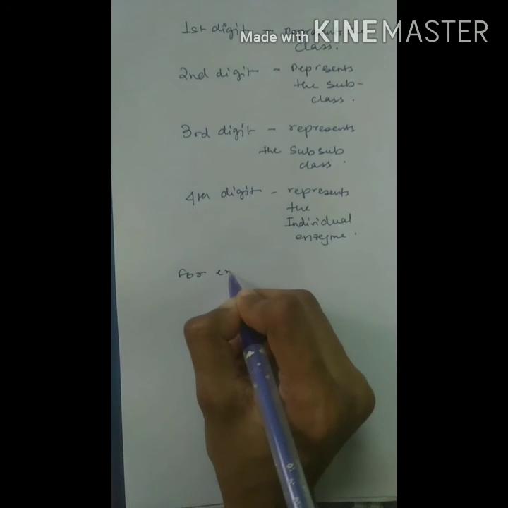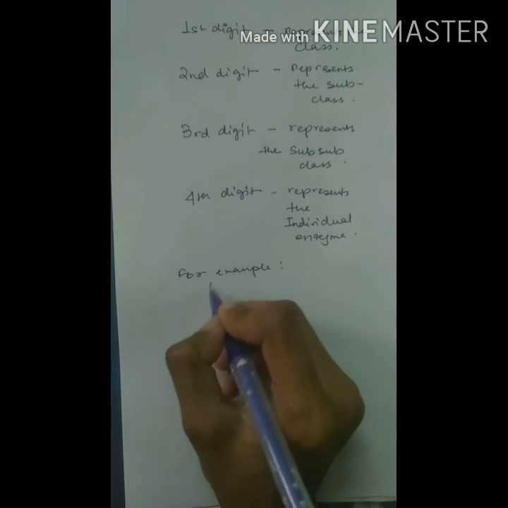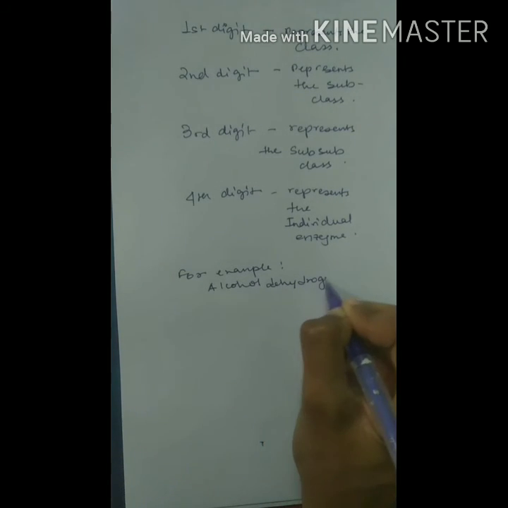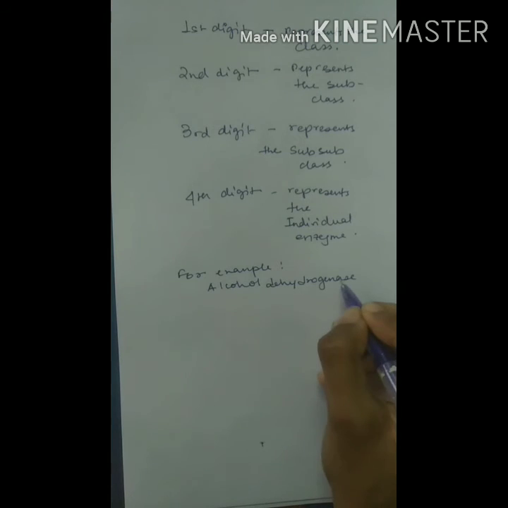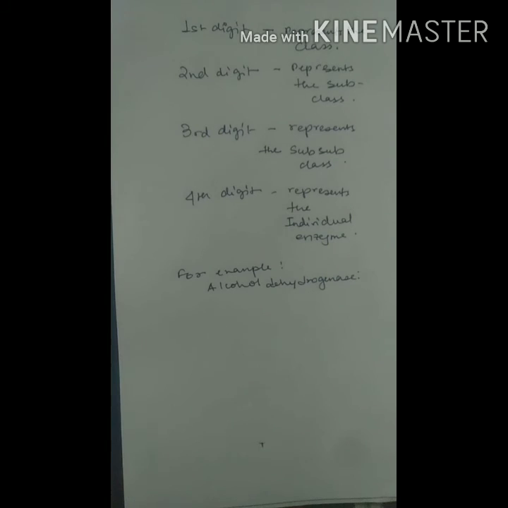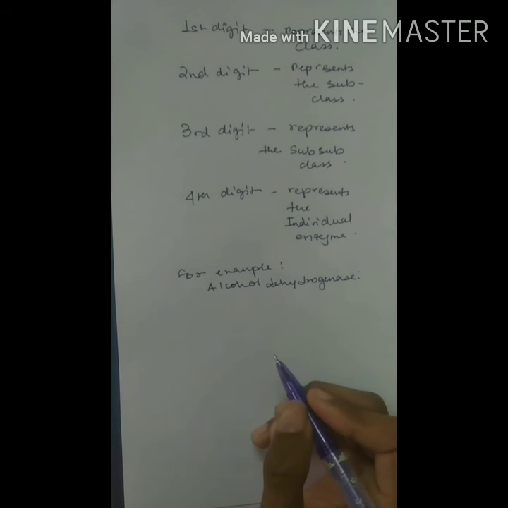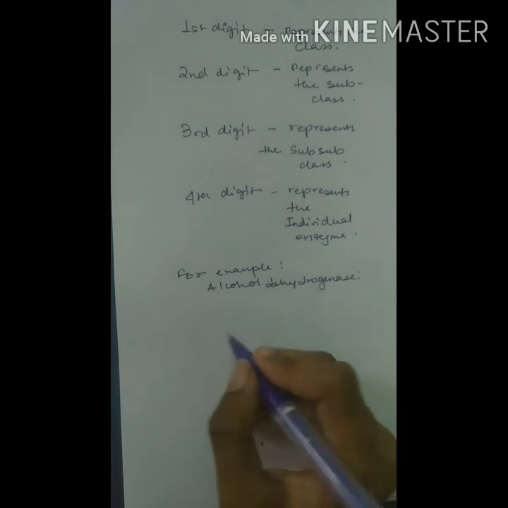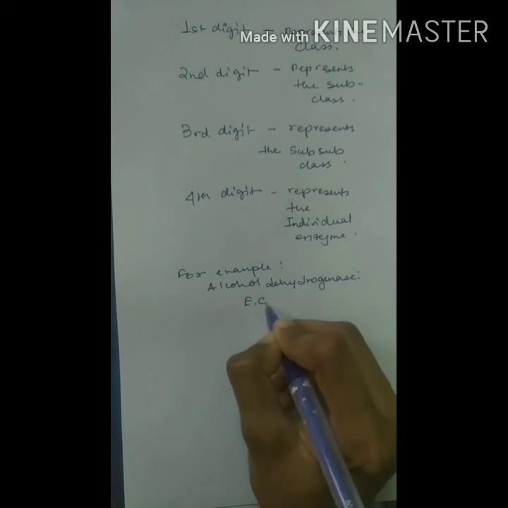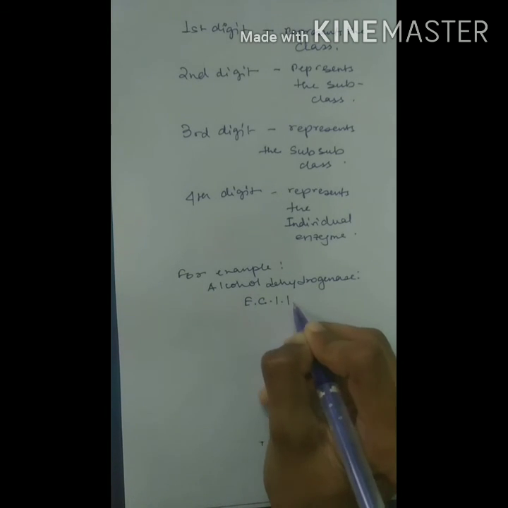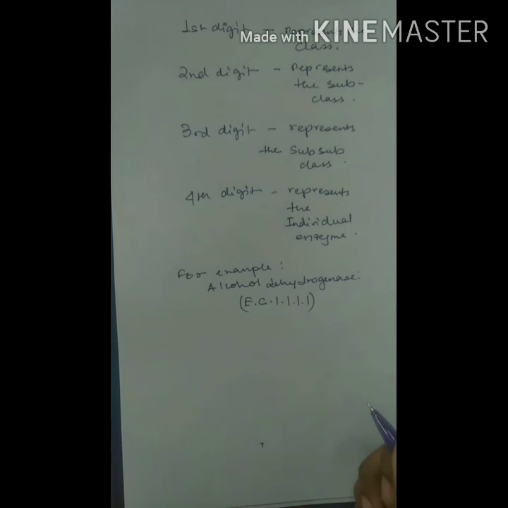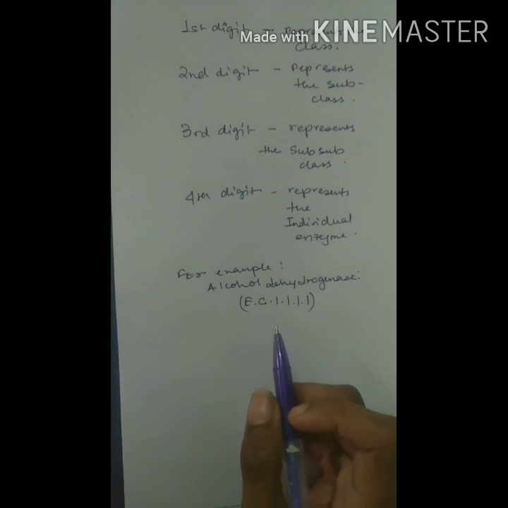For example, alcohol dehydrogenase. This is the 4-digit enzyme commission number for alcohol dehydrogenase.